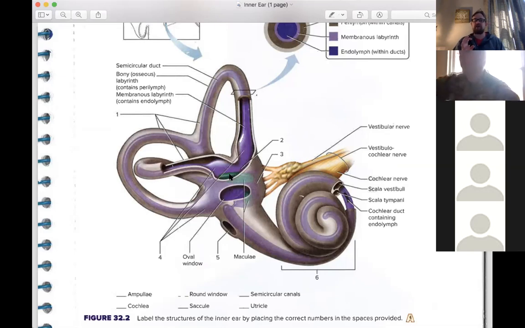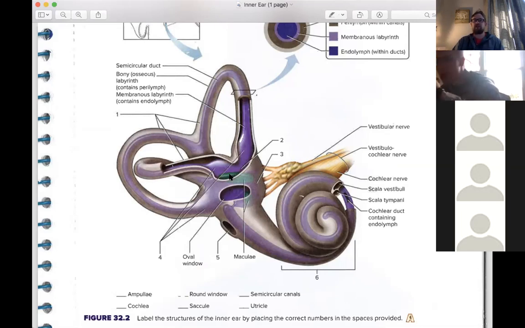When the maculae move, they rub on the hair cells, and those hair cells are connected to the dendrites of neurons that feed back into the brain and allow you to process the motion you're experiencing. So that would be those two sections right there.